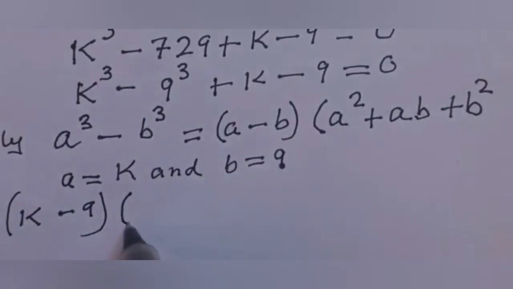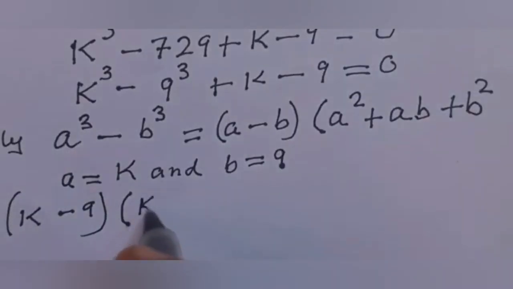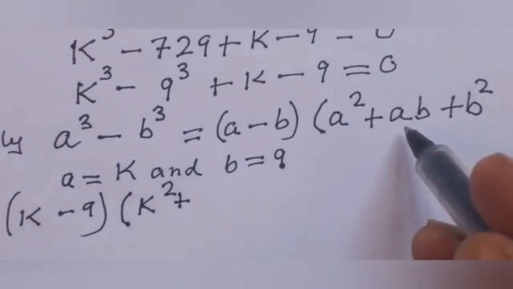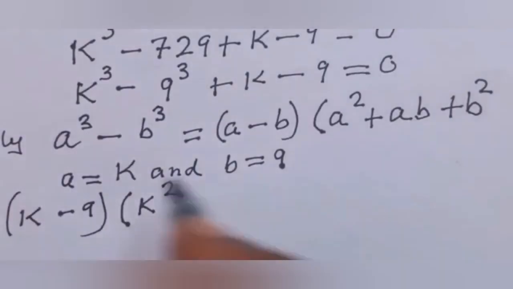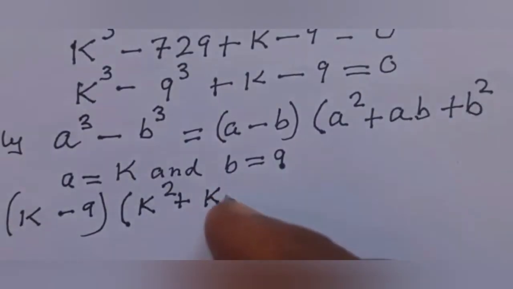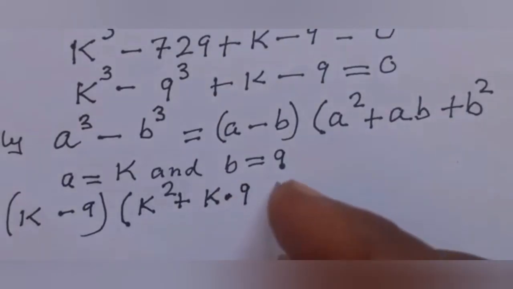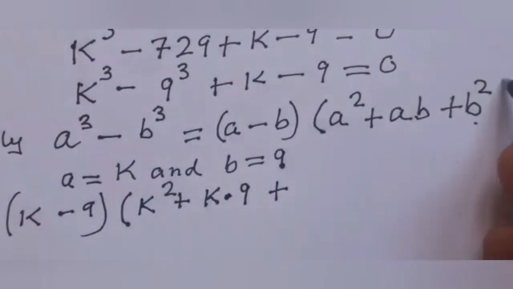In the bracket, we have a squared. So here we are going to write k squared plus a. In our case, a is k times b. B is 9. Then plus b squared.